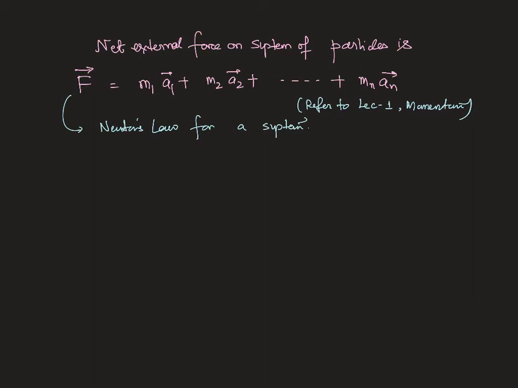Now, you see here M V_cm, whatever we got: M V_cm equal to m1 v1 plus m2 v2 up to mn vn.